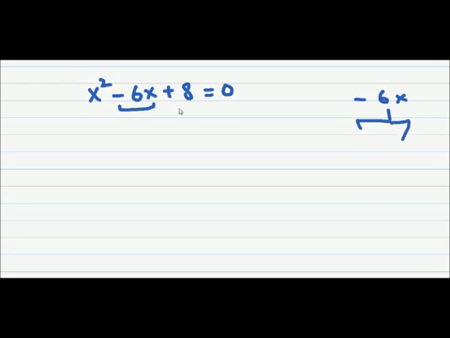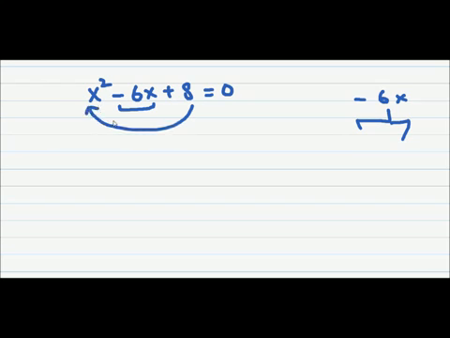So the equation we have now is x square minus 6x plus 8 is equal to 0. If we try to solve this equation by factorization, we will repeat the same first step, that is, to split the 6x into two such terms whose sum is 6x and the product is 8x square.